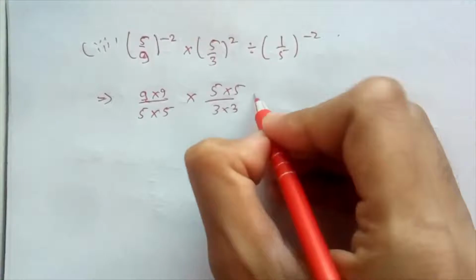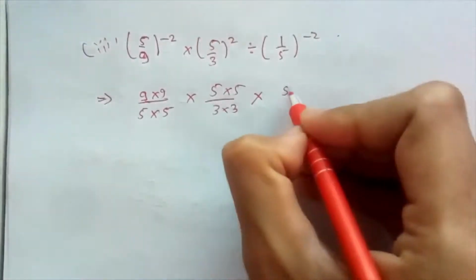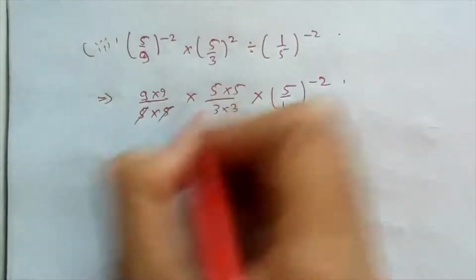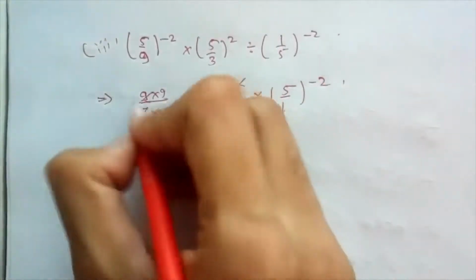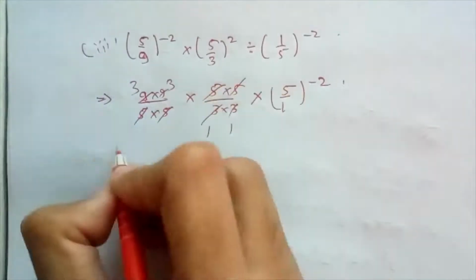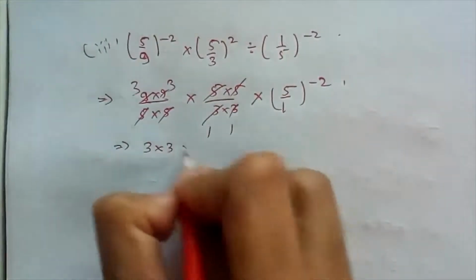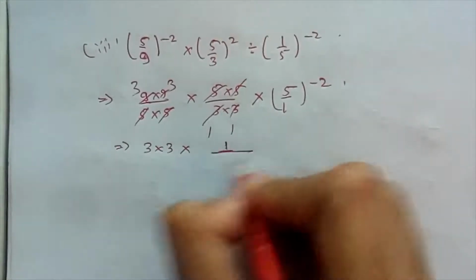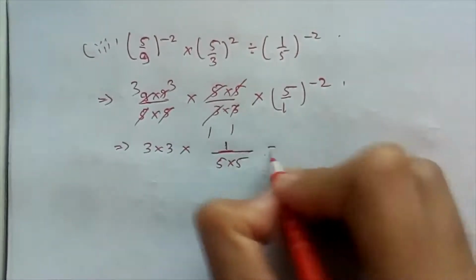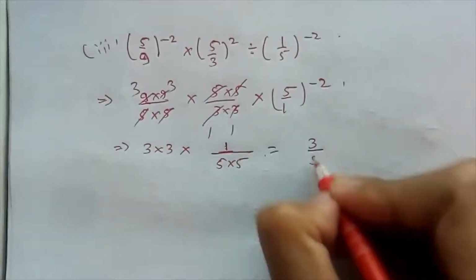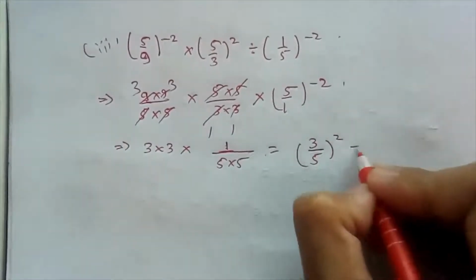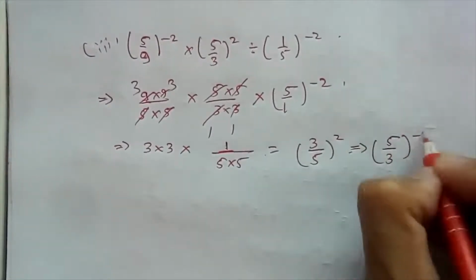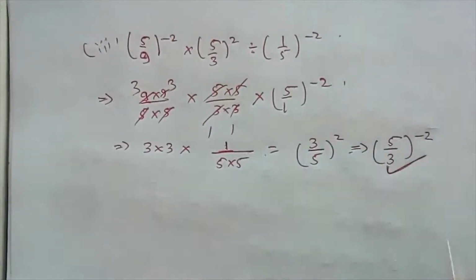It will change to multiply and it will go like this: 5 5 5 5, 3 1s are 3 3s are 3 into 3 into 5 to the power minus 2 is 1 upon 5 into 5. Okay, so it will be written as 3 by 5 to the power 2, or we could write it as 5 by 3 to the power minus 2 is the solution.